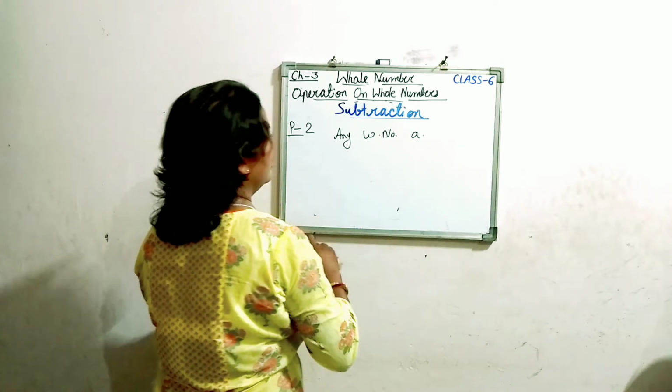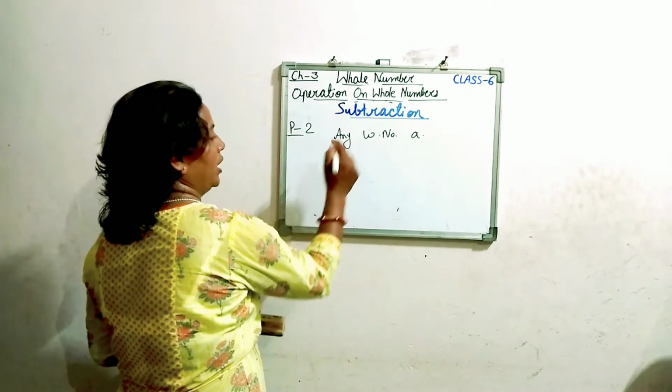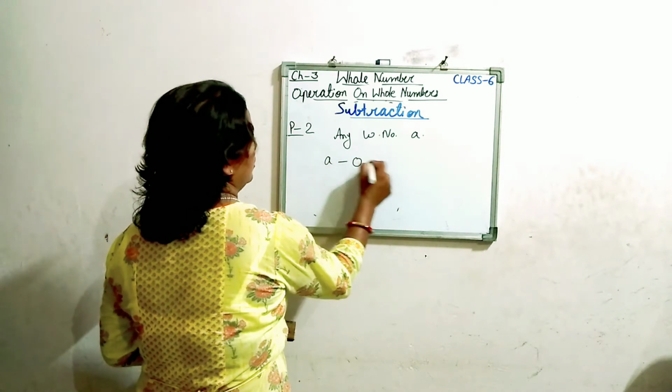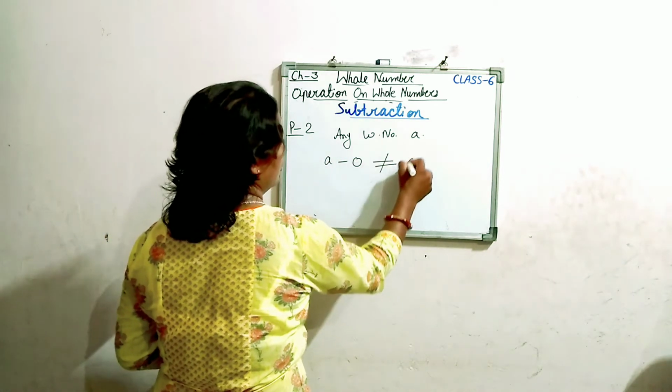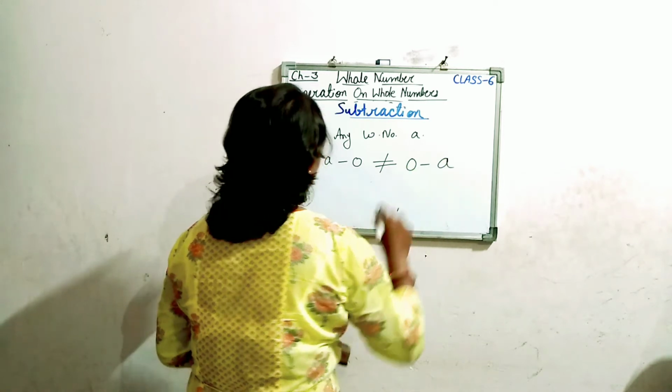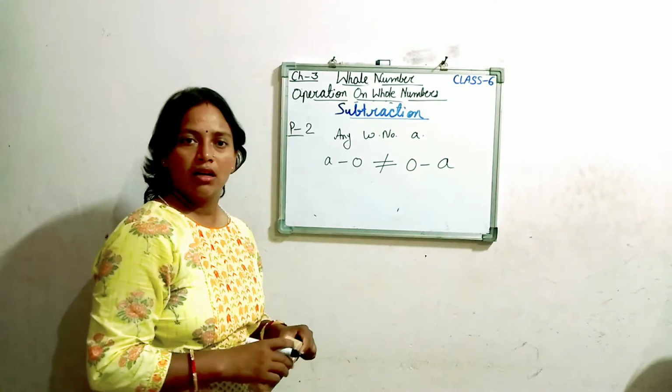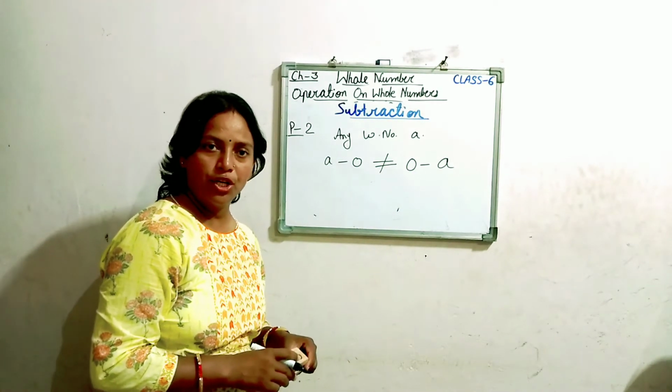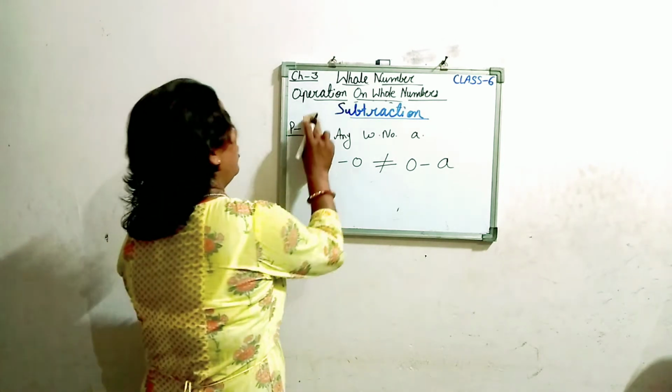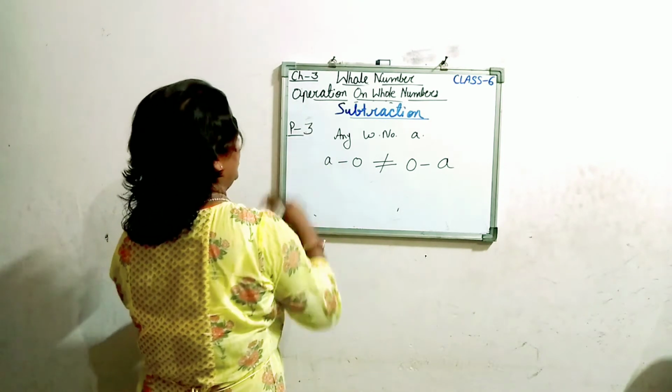Look at here, for any whole number A, A minus 0 is not equal to 0 minus A. This is the subtractive property of 0.